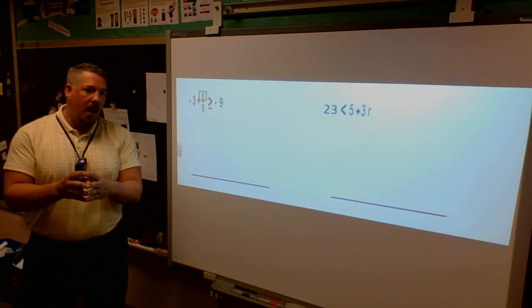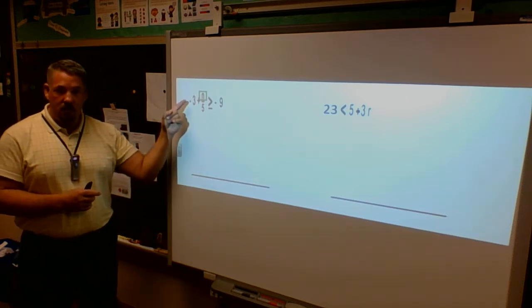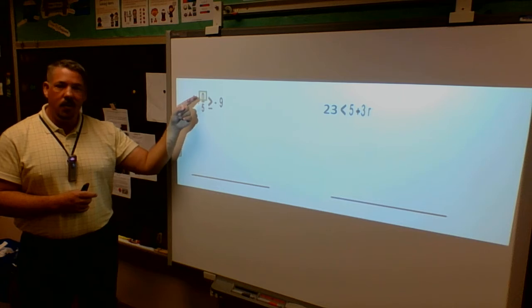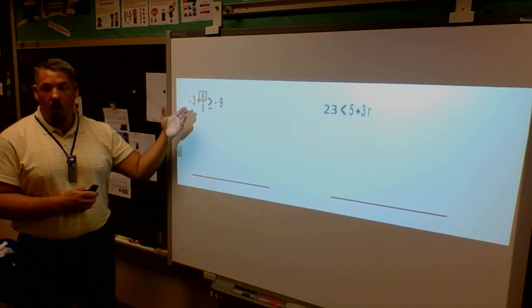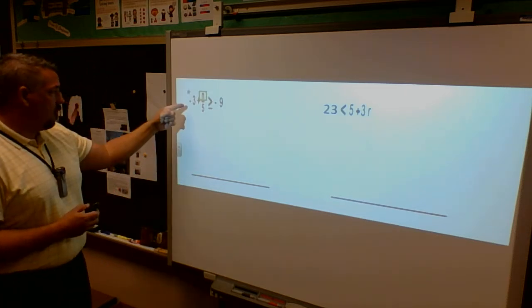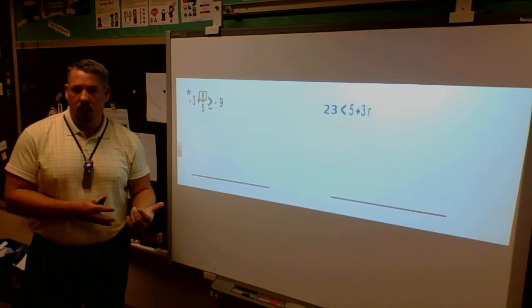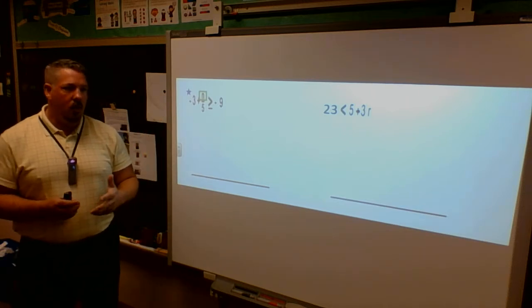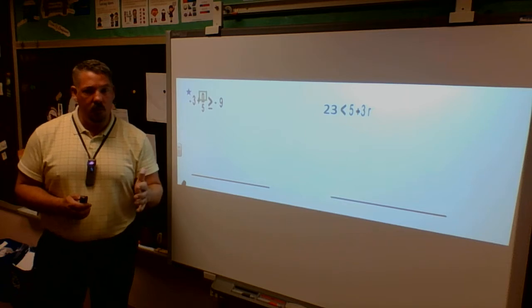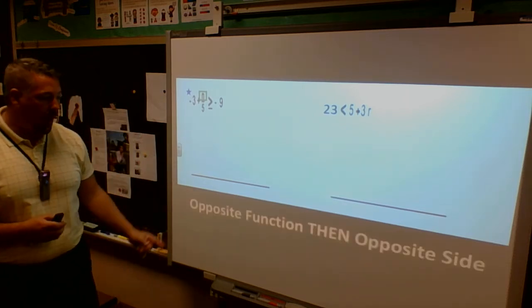My first math step that I do has to be with the constant, with the number that is not connected to my variable. So I have a -3 out here all by itself. All right, so that's where I have to start. Well, if this is -3, taking away 3, then I have to get rid of it. So if you think back to what we said 2 videos ago, we're going to do the opposite function on the opposite side.